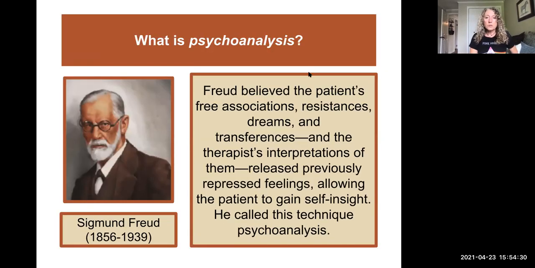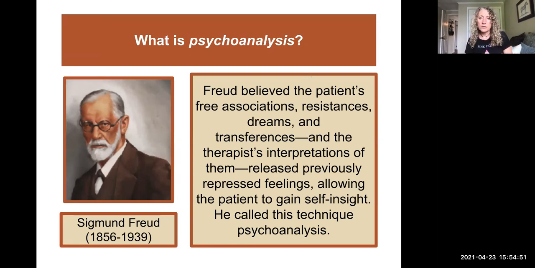So we're going to get into the first type of therapy, and it is called psychoanalysis. Psychoanalysis came from Freud, remember, and he was talking about how we have internal unconscious forces that are affecting our feelings and our behaviors.